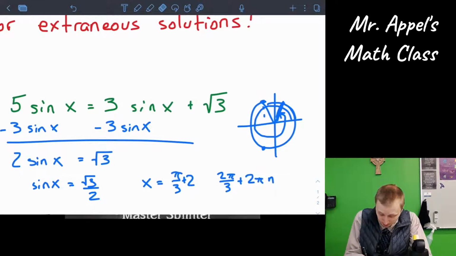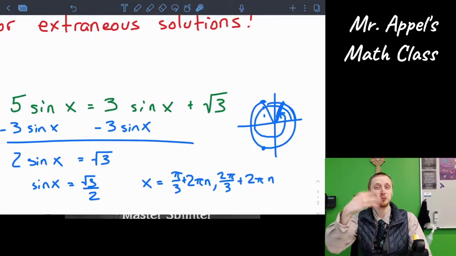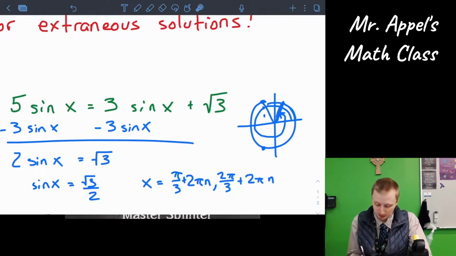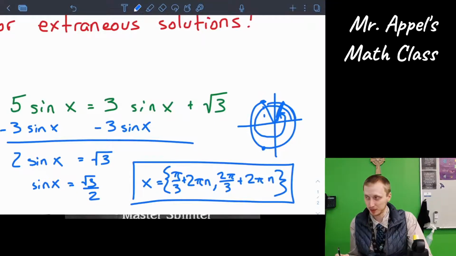So anything that is 2 pi n more than pi over 3, right? Any multiples of 2 pi, so 4 pi, 6 pi, 8 pi plus pi over 3 will be an answer. Okay? And this is the simplest form that you can put in. That is our whole set of solutions.